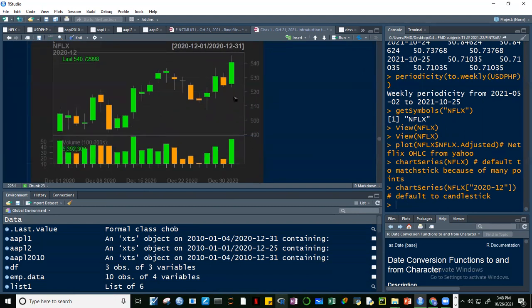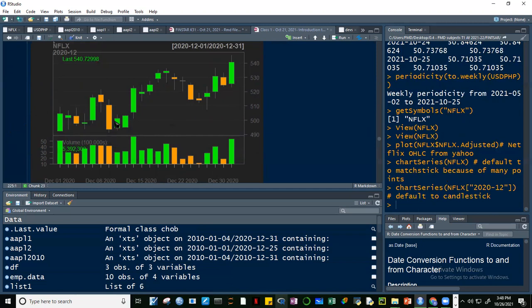You notice that there are two different colors, the green one and the orange one. The green one tells us that the closing price was higher than the opening price. So green.